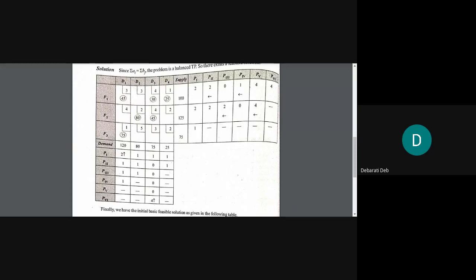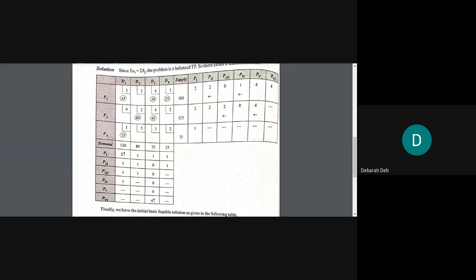And in the F3 row, under the P1 column, what will come? Who will tell me? What will be the difference between the least cost and the second least cost in the row F3? Ma'am, 1. It will be 2 minus 1, so 1. Similarly, we will do the same in the row side P1.